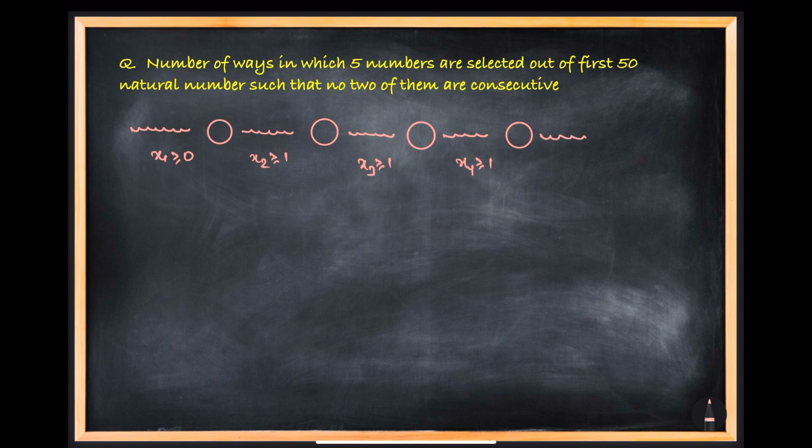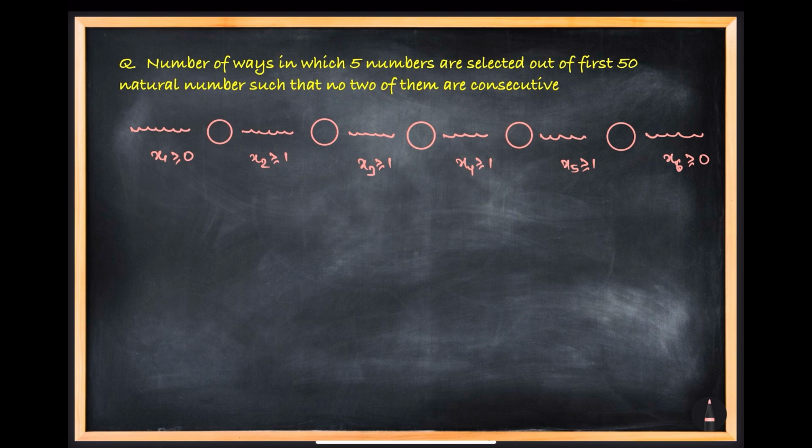Now you will leave some numbers and then have another gap x5 greater than or equal to 1. Now after the last number there is a chance that you may have some numbers left. Try to understand: if you select 50, then after this number there would be 0. There is a chance that you may end up selecting 40, so x6 can be 10.